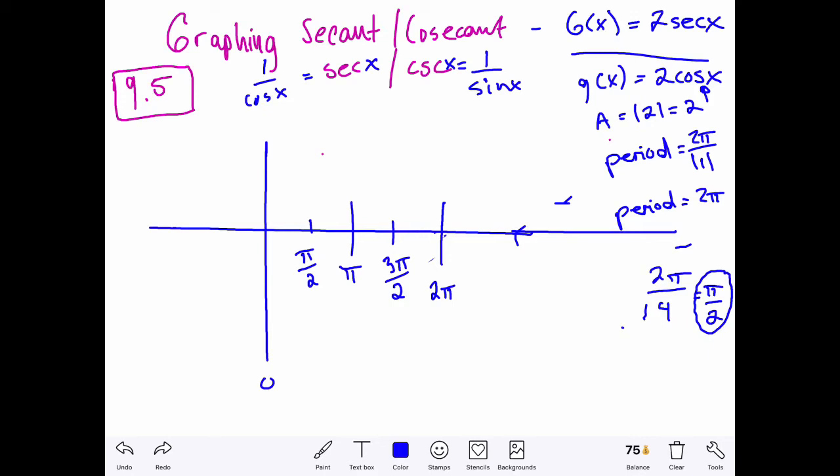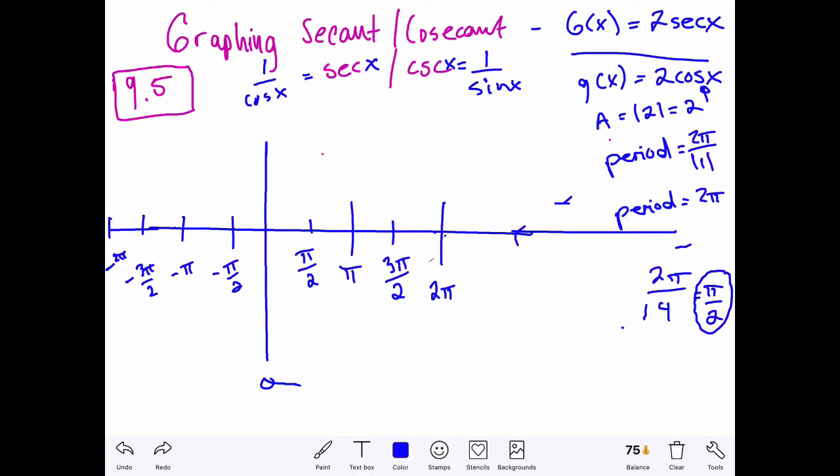And if we wanted to go in the negative direction, we could. Negative pi halves, negative pi, negative 3 pi halves, and negative 2 pi. So we've got 2 period lengths.